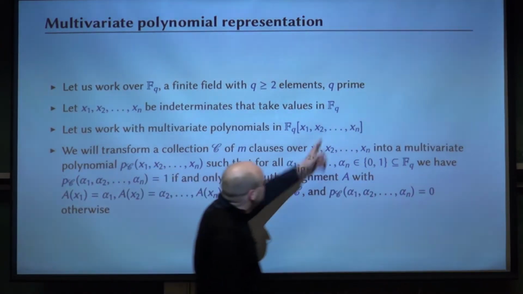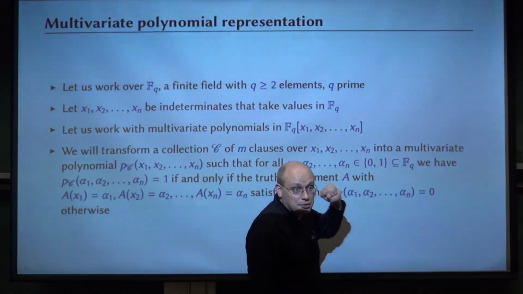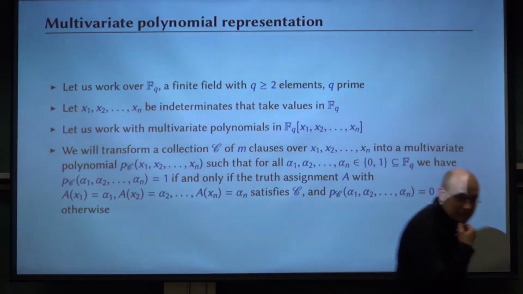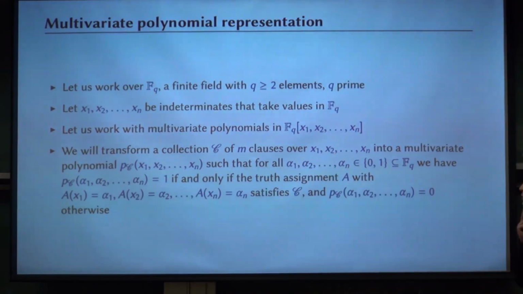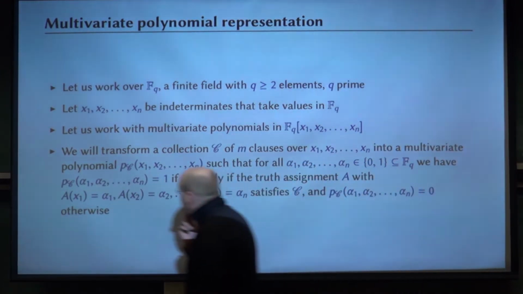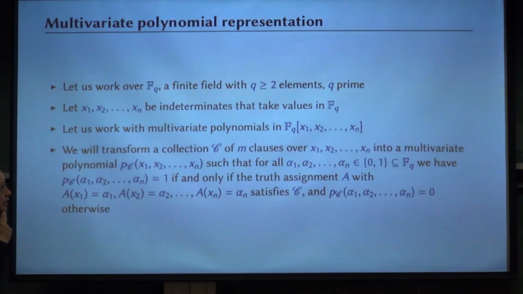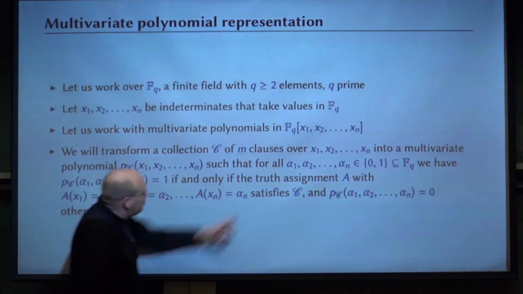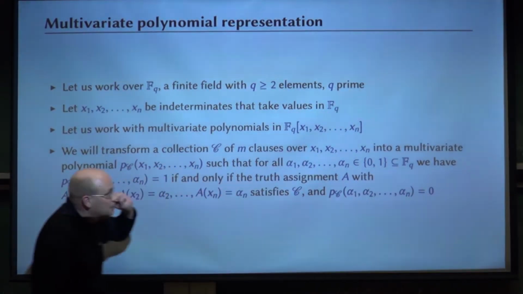Let's actually use prime order fields, so Q is a prime that is large enough, which we will constrain in more precise terms soon. So x1 through xn should be viewed as formal indeterminates taking values over the field. Okay, and then of course we have a multivariate polynomial ring, so that's the notation.